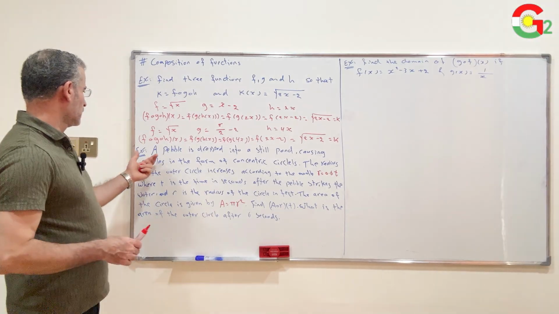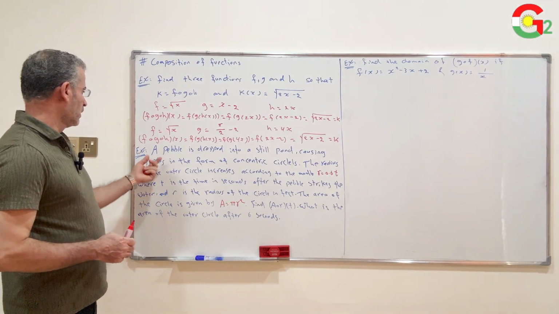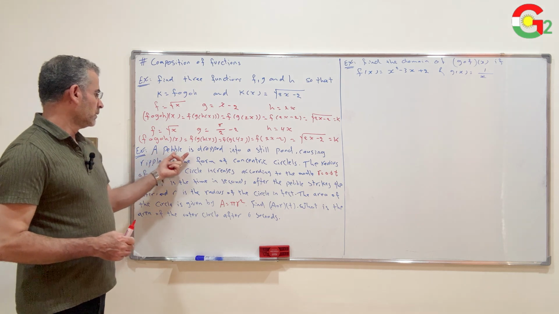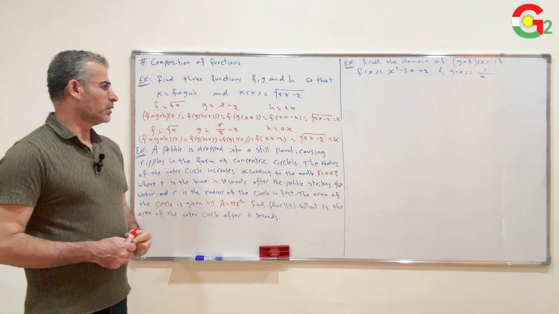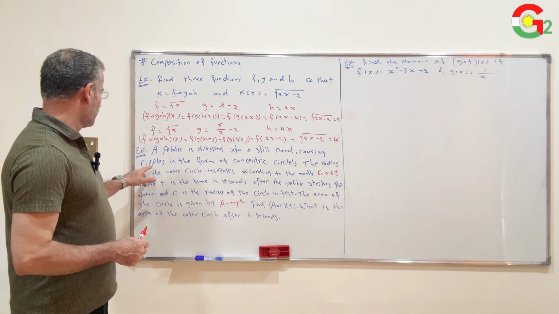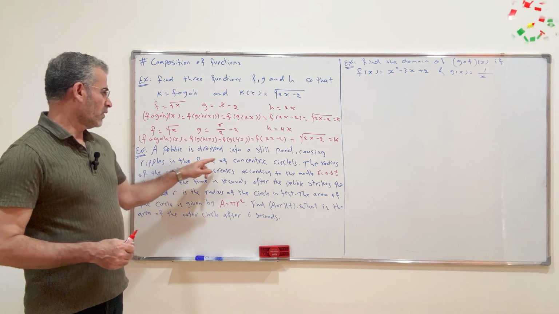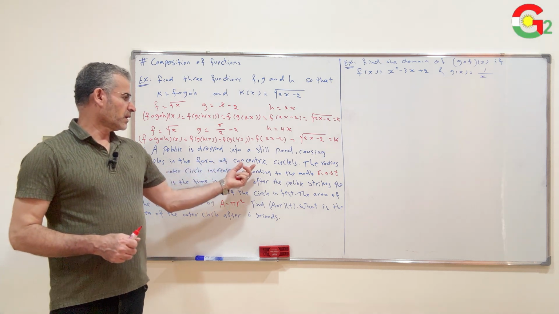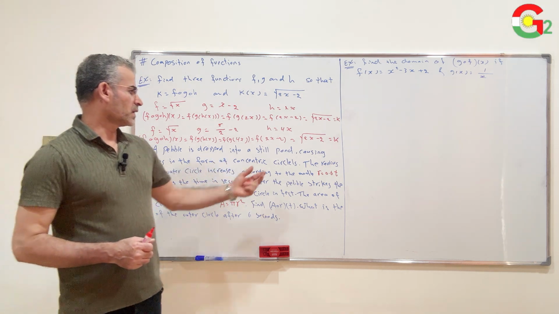Example, a word problem. A pebble is dropped into a still pond, causing ripples in the form of concentric circles.